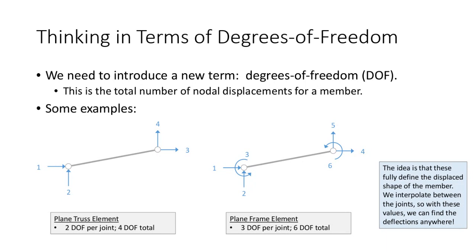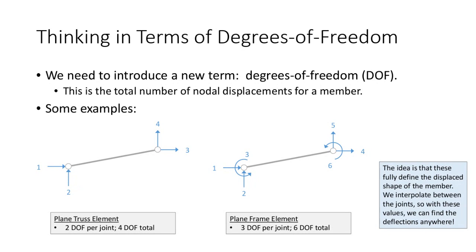If I look at this joint, and this one is pinned, both of those displacements are going to be 0, but what we're talking about is the total possible number of displacements for a given element. So plane truss elements have 2 degrees of freedom per joint, or 4 degrees of freedom total.